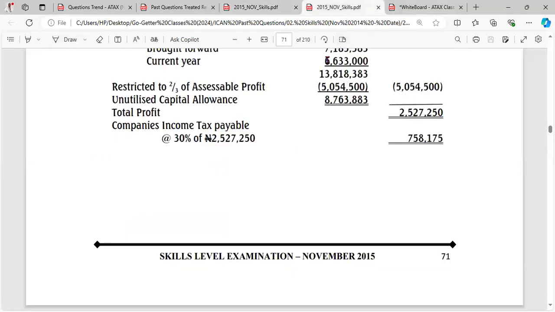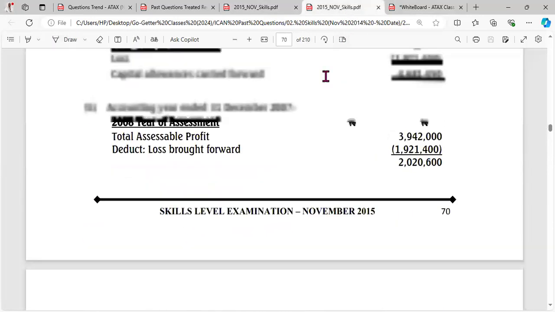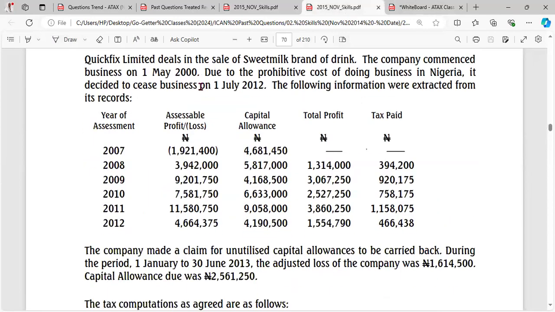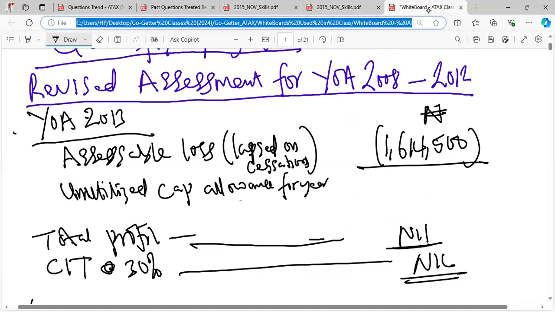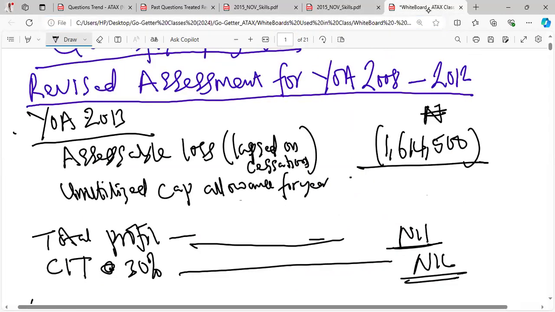Capital allowance for the year, 2,561,250.